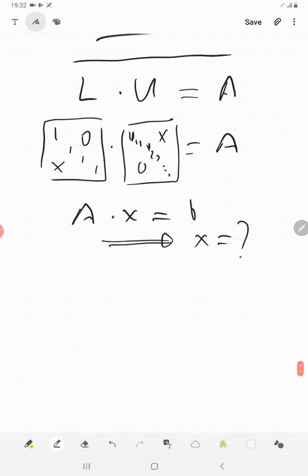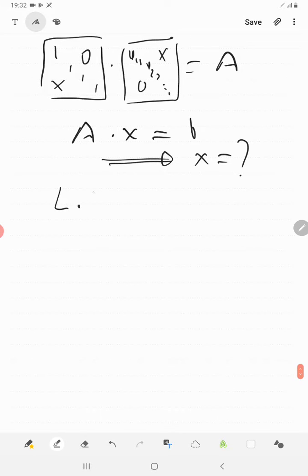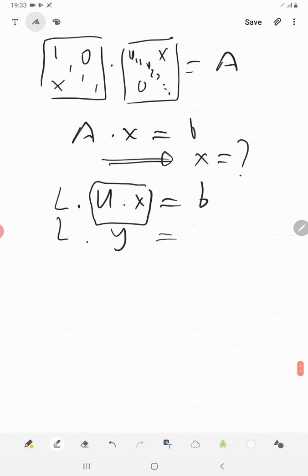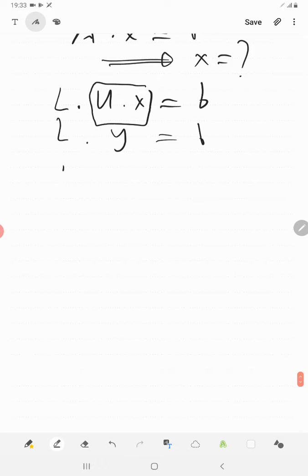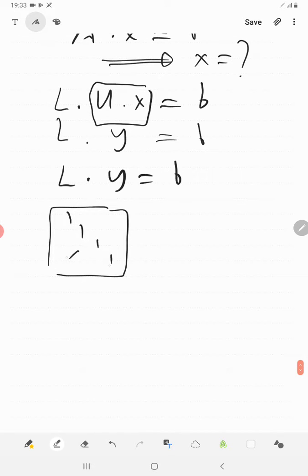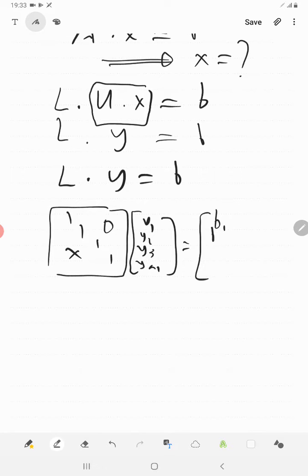So we say L times U times x equals b. Now let's assume Ux is equal to y. So L times y equals b. Now L means this, 1, 1, 1, 1, and 0, times y1, y2, y3, y4 equals b, which is b1, b2, b3, and b4.